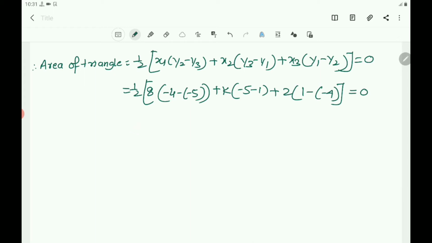Here you can leave that half, so you write 8 into minus 4, minus of minus 5 is plus 5.